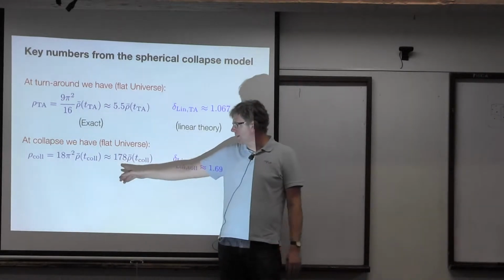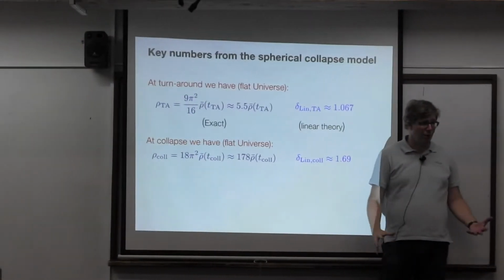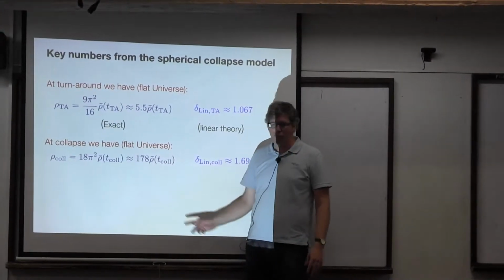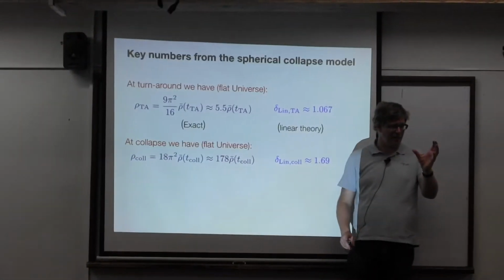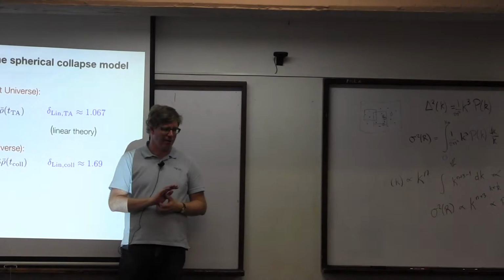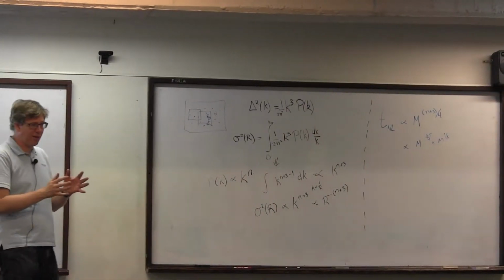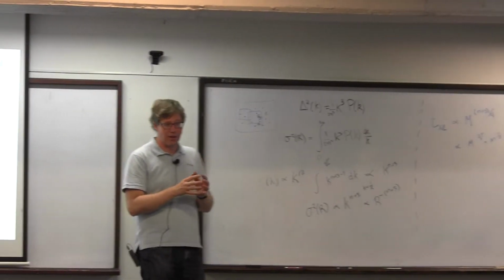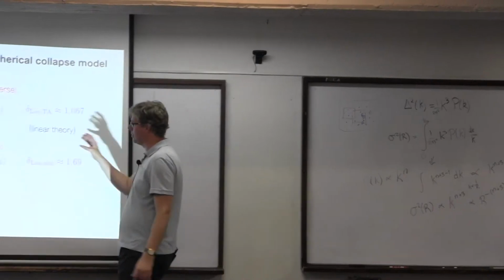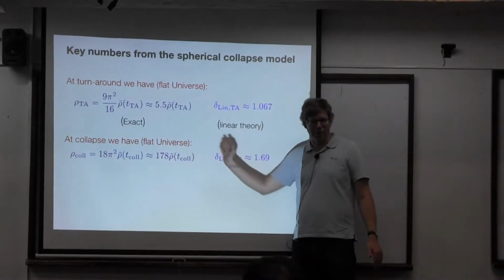The other thing that's nice is that we can do proper simulations, and we will find that if you take a region where the mean density inside that region is about 200 times the background density, that region will actually identify a region of space that's virialized. So this actually is a sensible way of defining it, and this is a very useful correspondence.